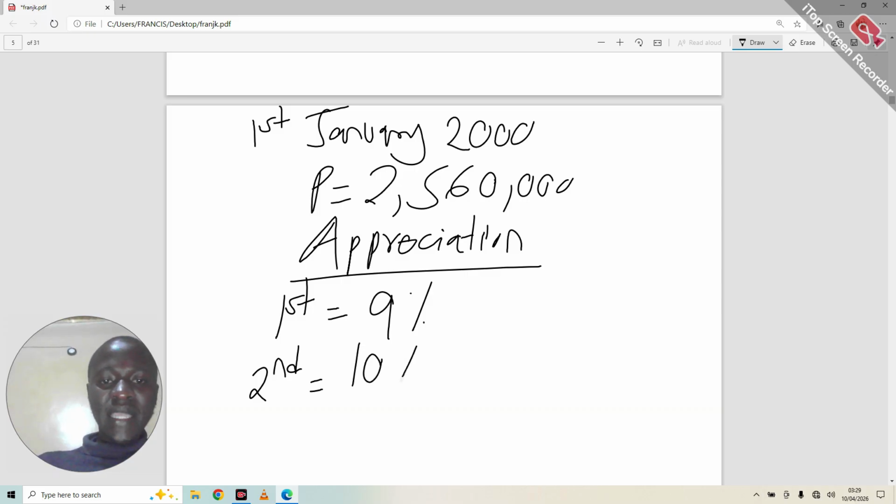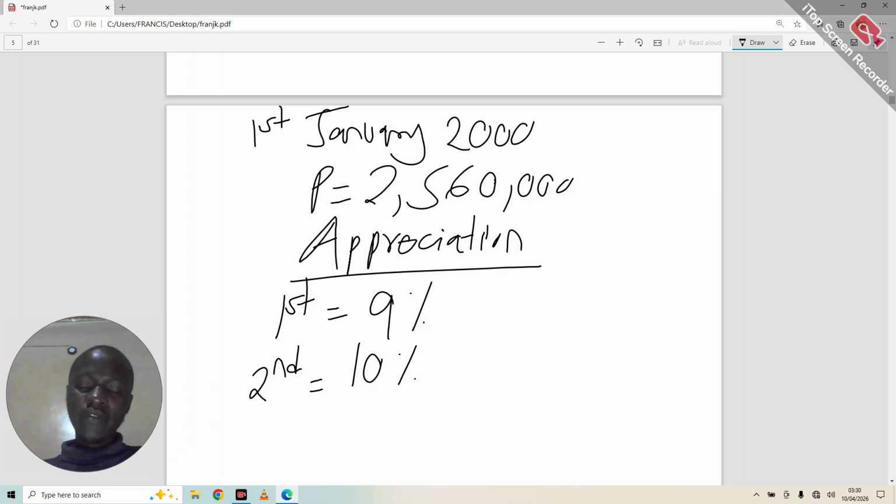The land appreciated by 10%. Thereafter, so what's the meaning of thereafter? Thereafter means that for the rest of the remaining years. So for instance, if you have 5 years, the first year, the land is appreciating by 9%. The second year, the land is appreciating by 10%.